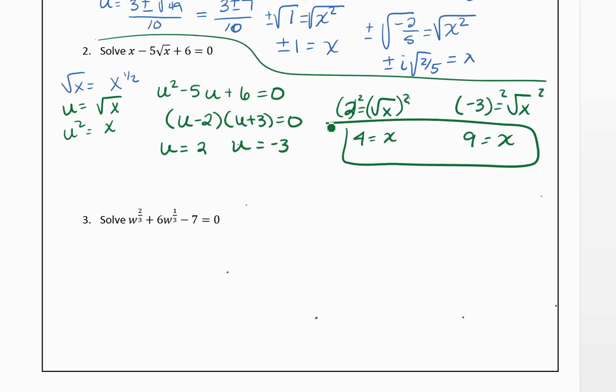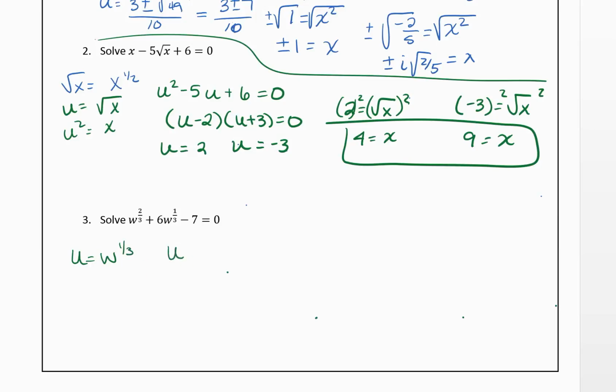Okay, we've got one more here, so we've got solve w to the 2/3 power plus 6 times w to the 1/3 power minus 7 equals 0. And here, look, the exponent 1/3 is 1/2 of 2/3. So we're going to let u be w to the 1/3, which is the same thing as the cube root of w.